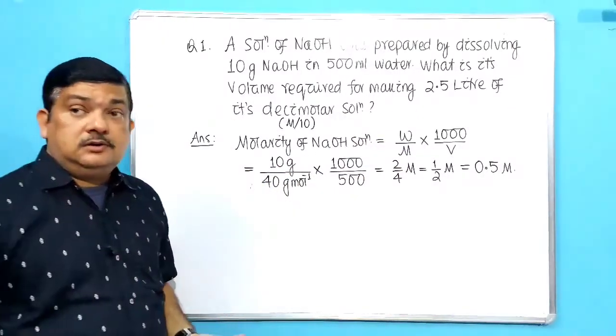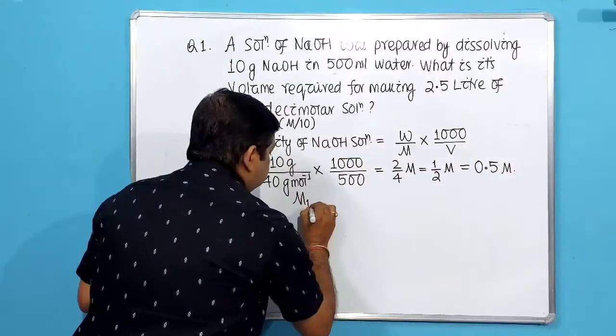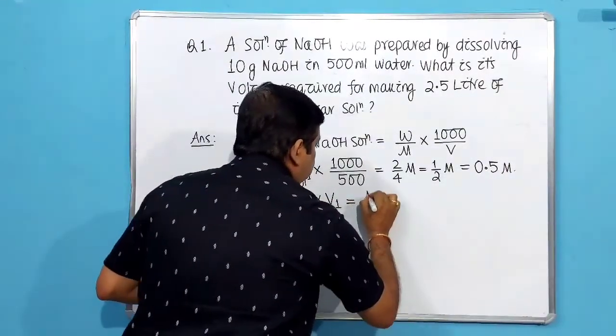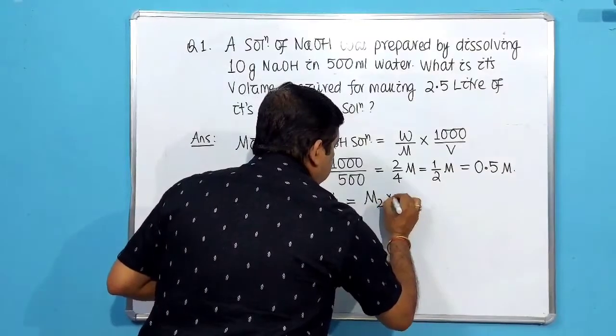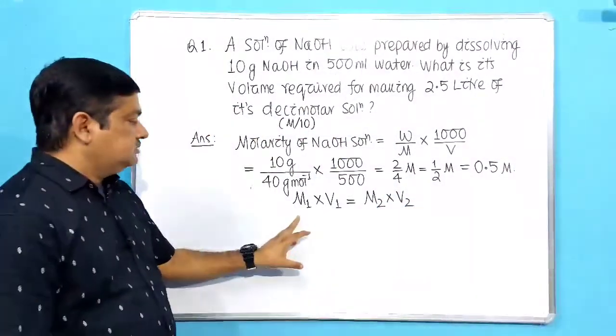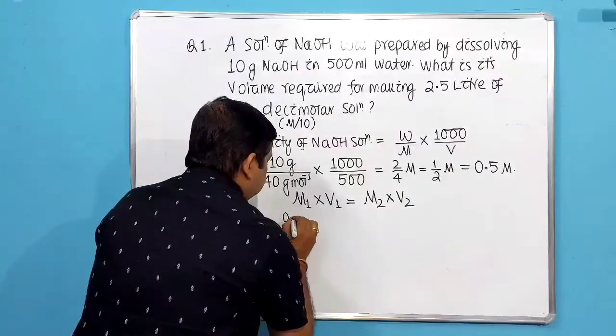Then we know from the molarity equation that M1 V1 is equal to M2 V2. So what is M1? Now 0.5 M.